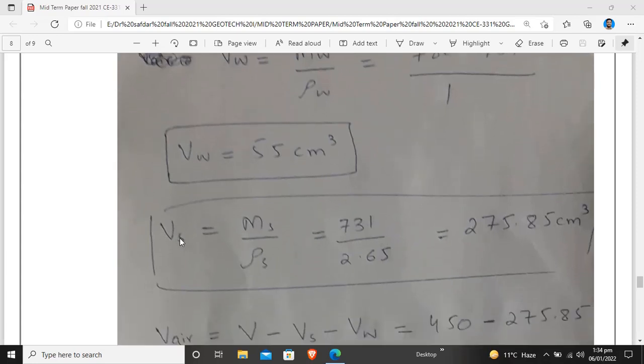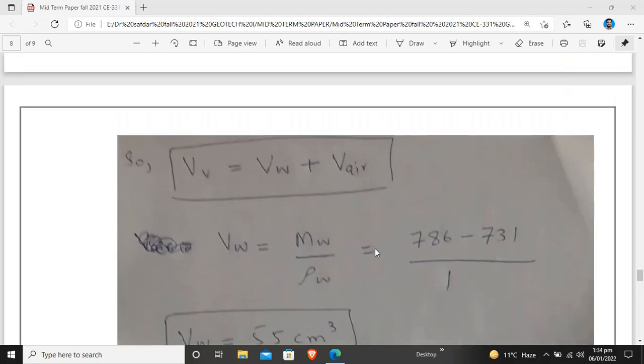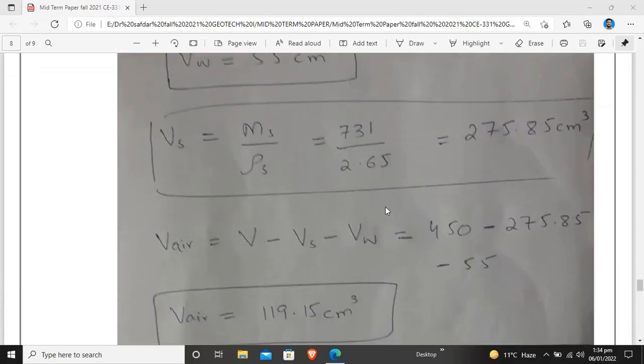After that, you have to find the volume of solid, which is mass of solid divided by density of solid. The mass of solid, the dry soil, was 731 gram, divided by the density given in the question. So the volume of solid is obtained as 275.85 centimeter cube. After that, you have to find the volume of air, which is total volume minus volume of solid minus volume of water.